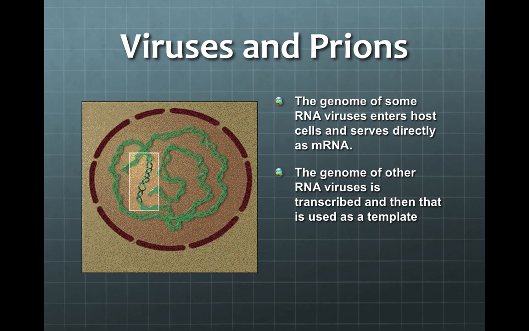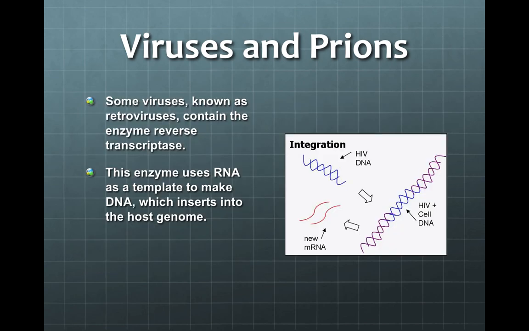The genome of some RNA viruses enters host cells and serves directly as the messenger RNA. The genome of other RNA viruses is transcribed, and then messenger RNA is used as their template. Some viruses, known as retroviruses, contain the enzyme reverse transcriptase.